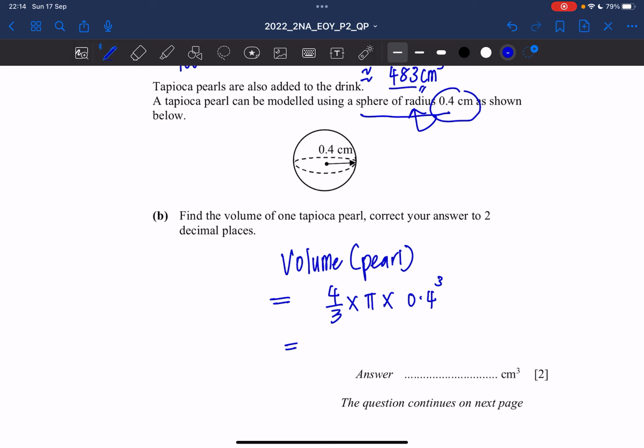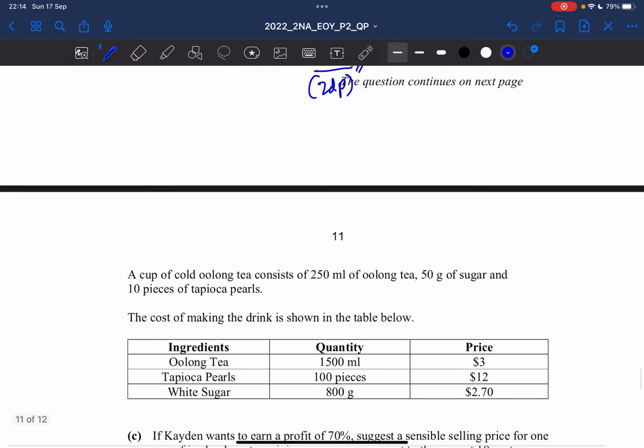So 4 over 3 times pi times 0.4 power 3. So it's 0.26808. So they want 2 decimal place, right? So 0.27, 2 dp. So this is centimeter cube. Okay, now let's move on to our next question.